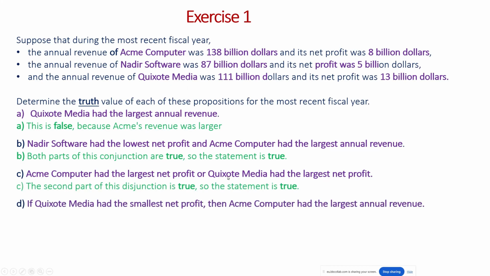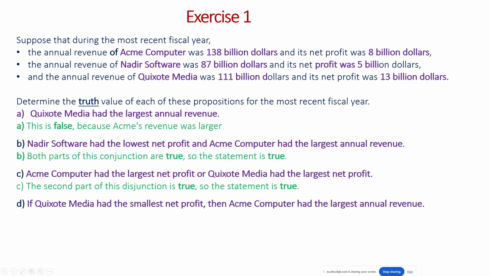And then, if the media company had the largest net profit, then ACME Computer had the largest annual revenue. Now we have a conditional statement. It is going to be false only if the first is true and the second is false. Everything else is going to be true.